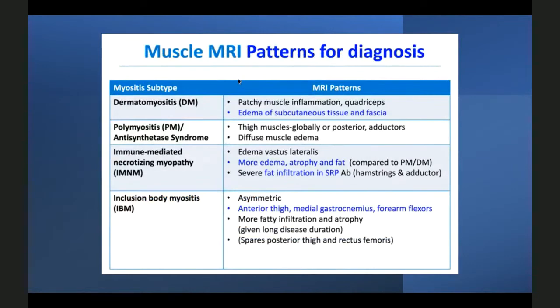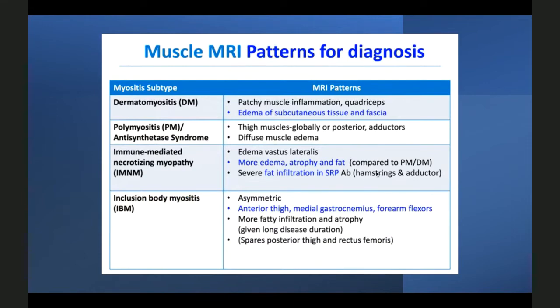So again, moving ahead, as I told earlier, each of the myositis has different MRI patterns. Dermatomyositis will have edema around the fascia. Immune-mediated necrotizing will have more edema, and severe fat infiltrations can be seen with SRP antibodies.